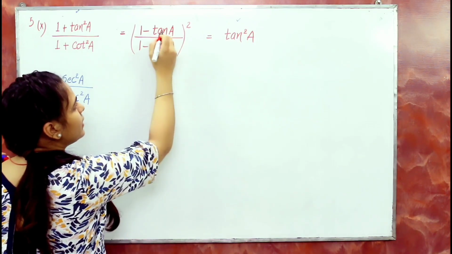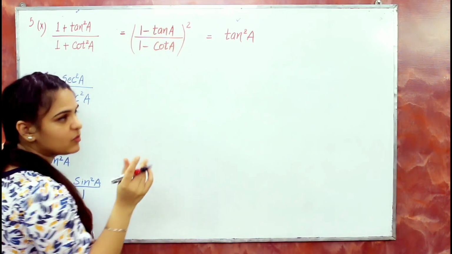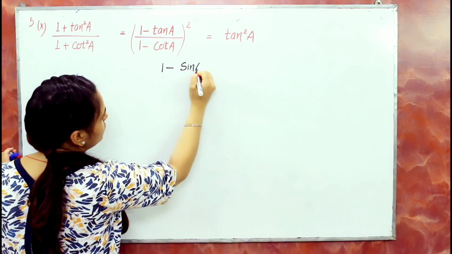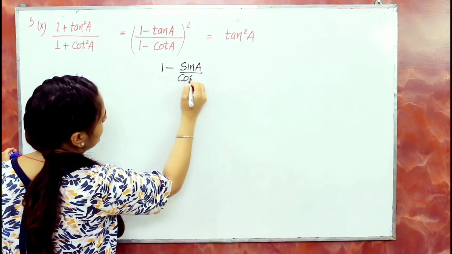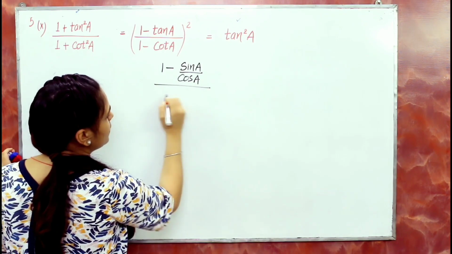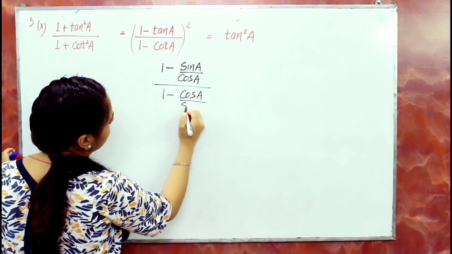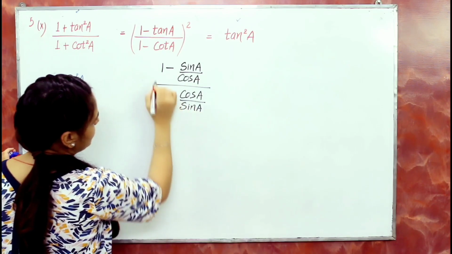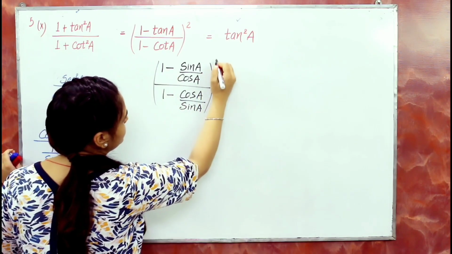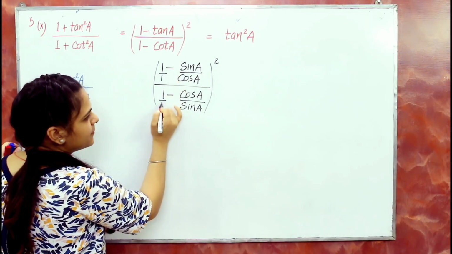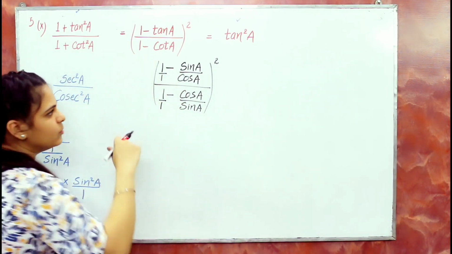In this part, I will convert tan and cot in the form of sine and cos. So tan A is equals to sine A upon cos A. 1 minus cos A upon sine A. And this whole square. Now we will take LCM in numerator and in denominator both.